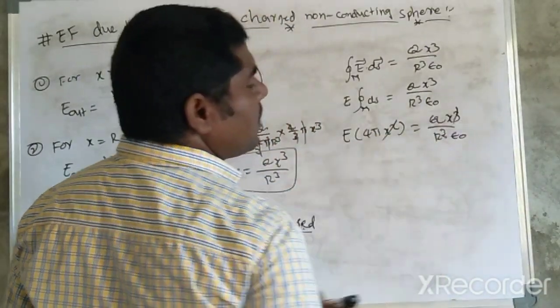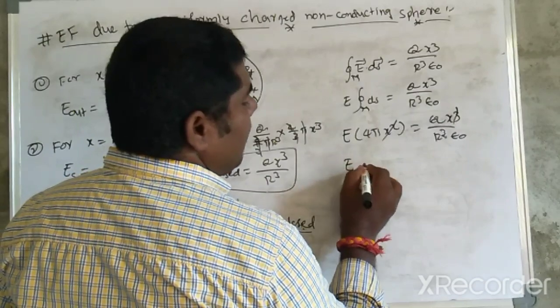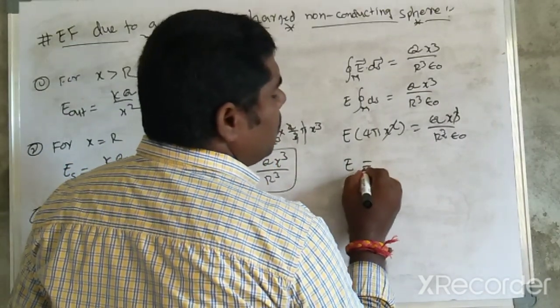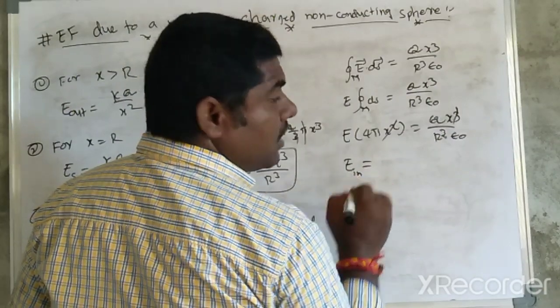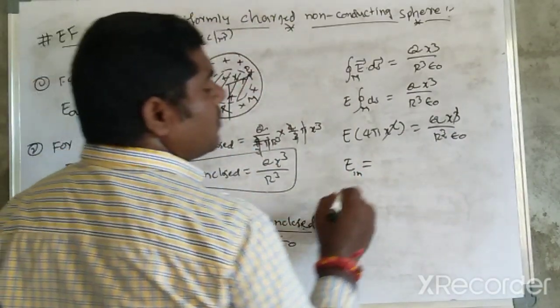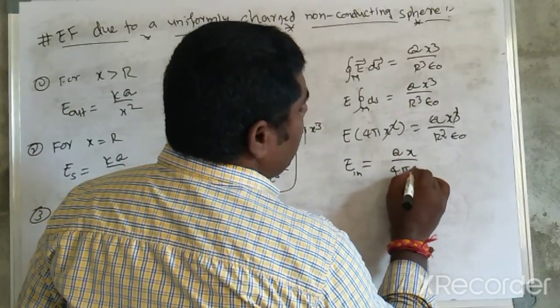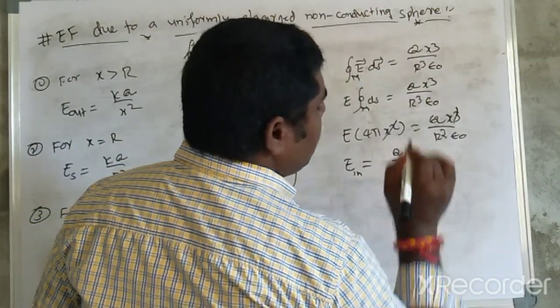X square gets cancelled. So the final electric field strength at point P, inside the non-conducting sphere, is equal to Qx divided by 4 pi epsilon naught R cube.